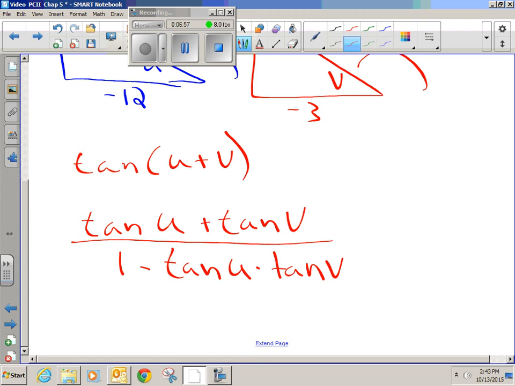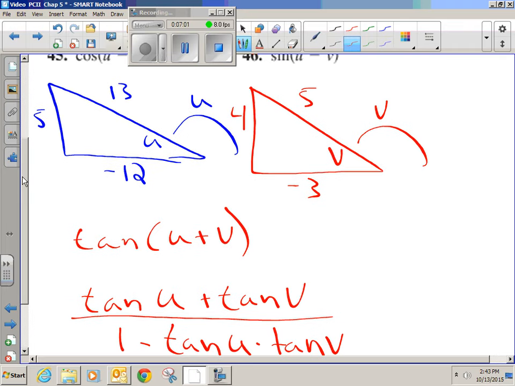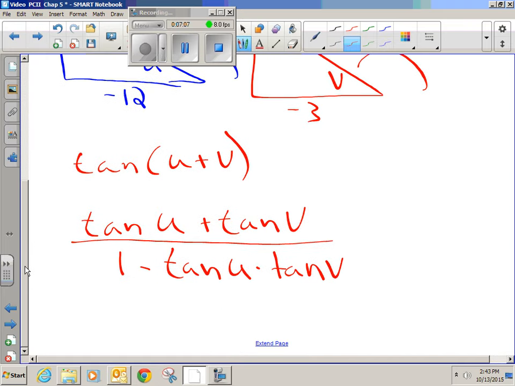Now that I have that, I can just look here. Tan u is going to be -5/12, and tan v is going to be -4/3. So I'm going to replace my u's and v's.